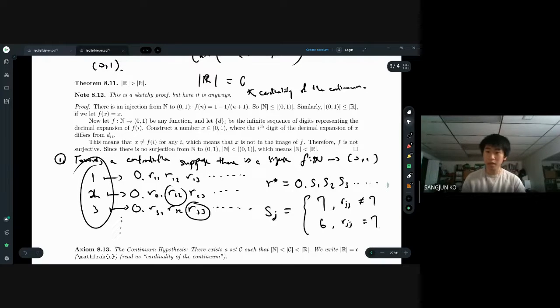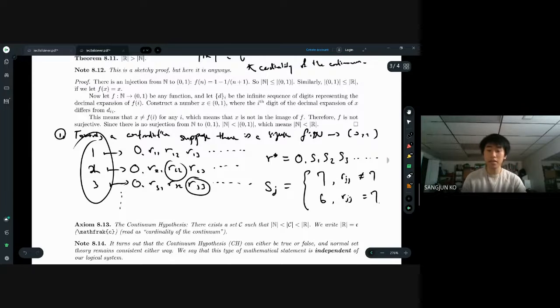We write the cardinality of the continuum with the fraktur C. And it turns out that the continuum hypothesis is independent of ZFC, so it can either be true or false.